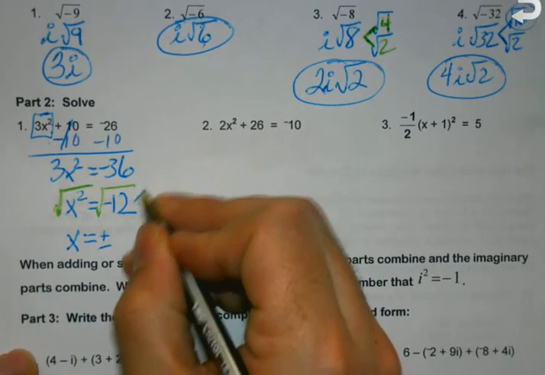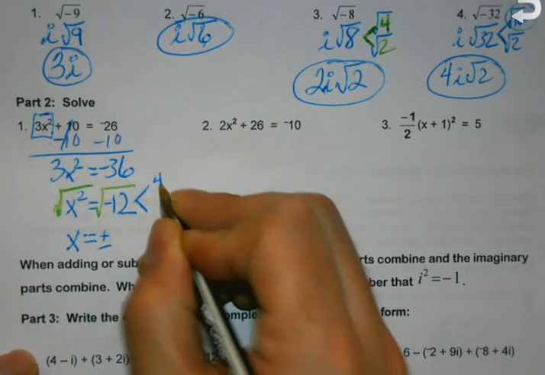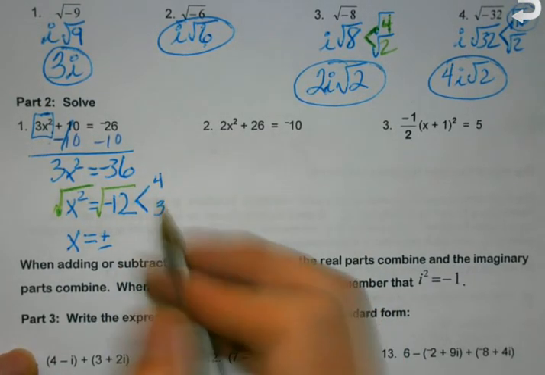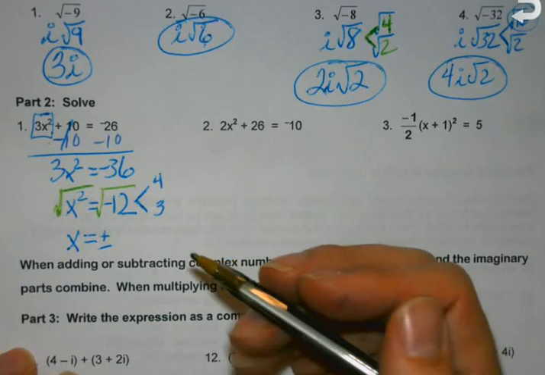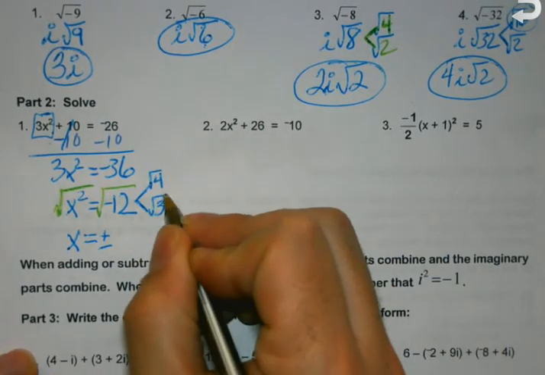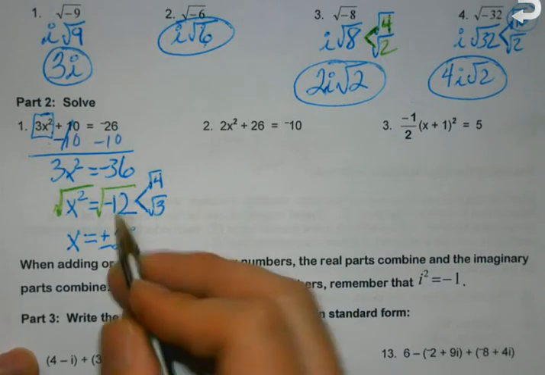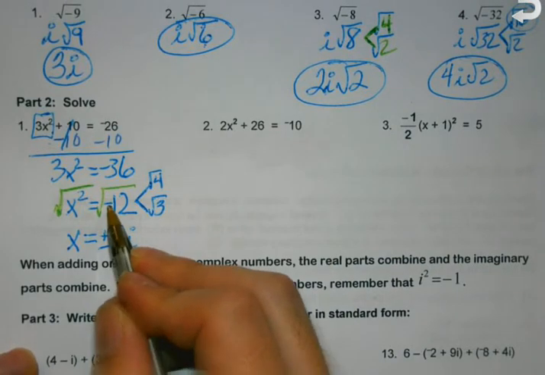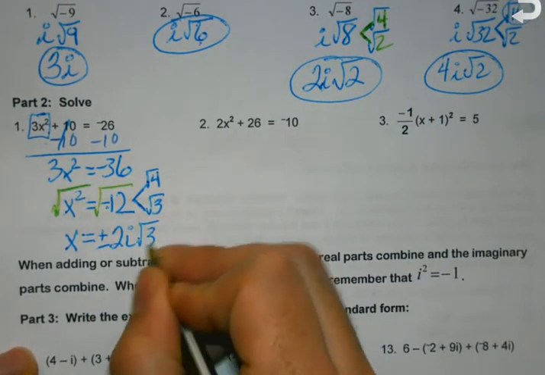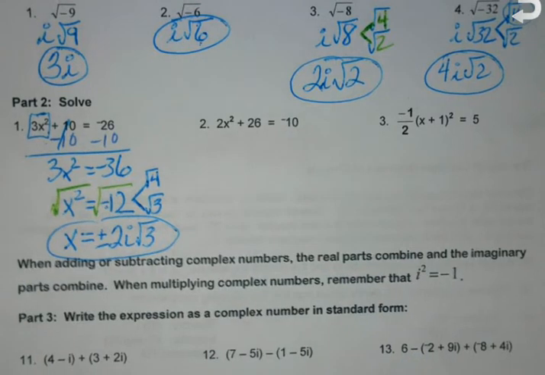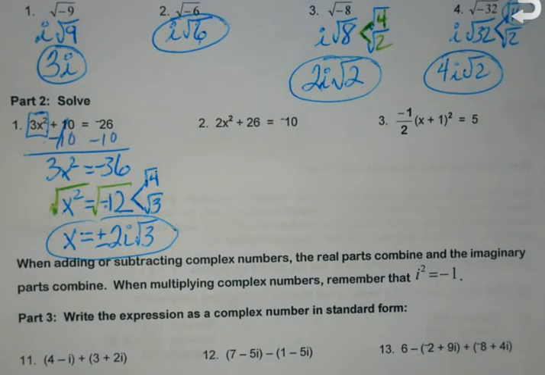Okay? Because the 12 breaks down to 4 and 3. We know we'll deal with the negative by pulling out an i in a minute. So square root of 4 is 2, and I have to pull out the i to get the negative out. And for some of you, you need to take that one step here.